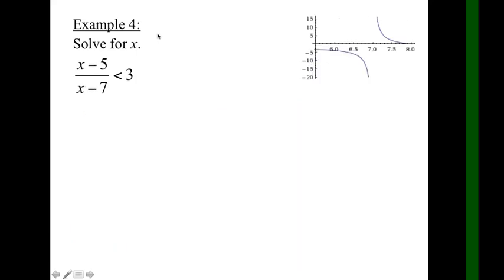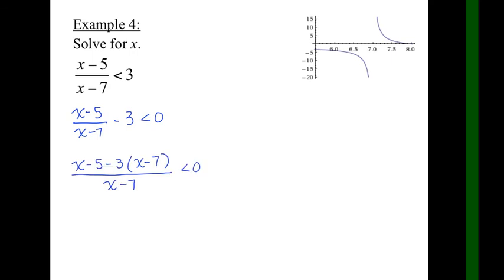Okay? Next, solve for x. Given x minus 5 over x minus 7 less than 3. So, make it 0. And then, ililipat mo si 3, maging negative 3. Solve for this one. Walang denominator ang 3. So, parang cross multiplication siya.